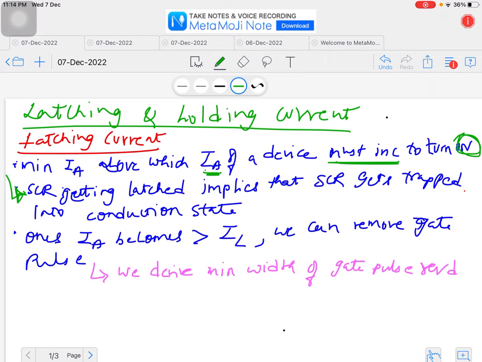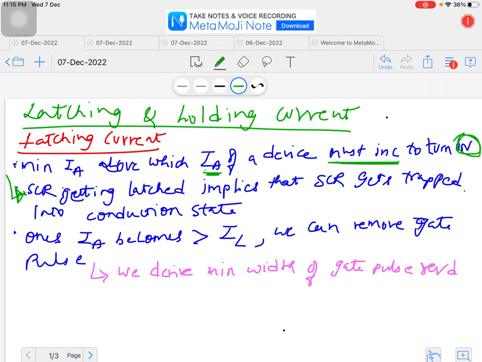Once the anode current is greater than the latching current, you can remove the gate pulse. So you know that the SCR will continue to conduct once it turns on. Once the anode current is increased above a value called the latching current, then it gets latched.